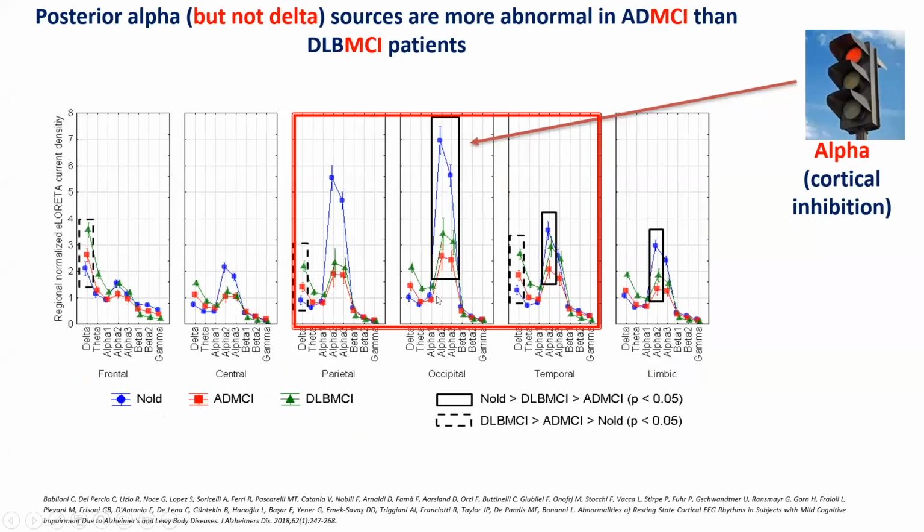In contrast, there are more abnormalities in delta source activity in Lewy body MCI with respect to Alzheimer's MCI. So again, similarities between Lewy body and Parkinson in relation to Alzheimer's disease MCI patients.